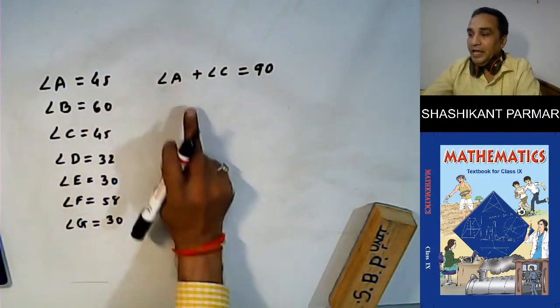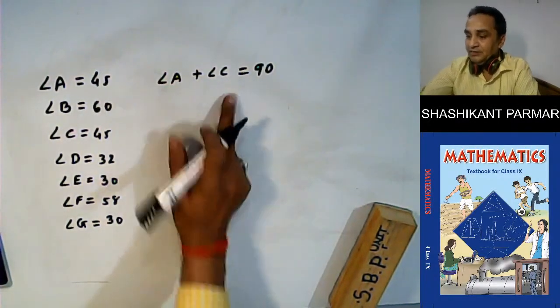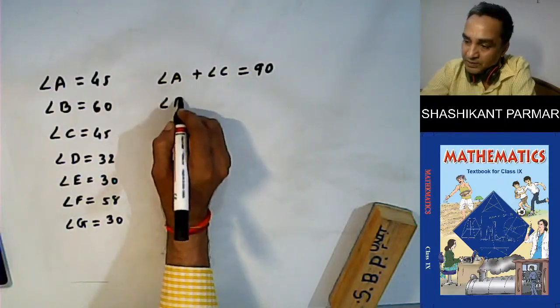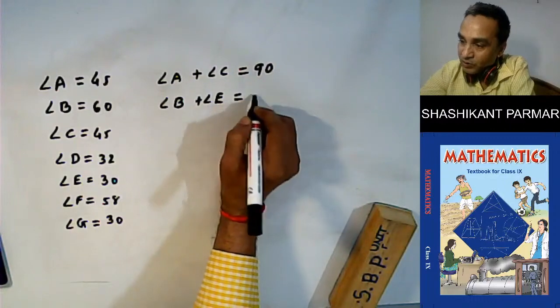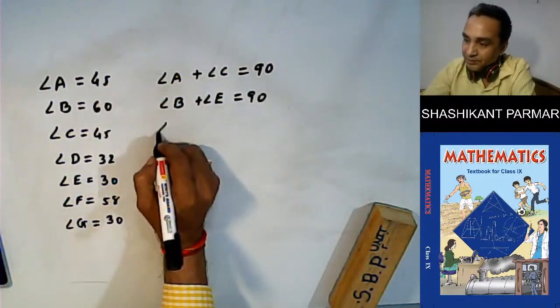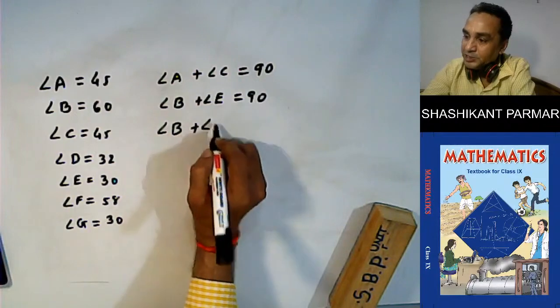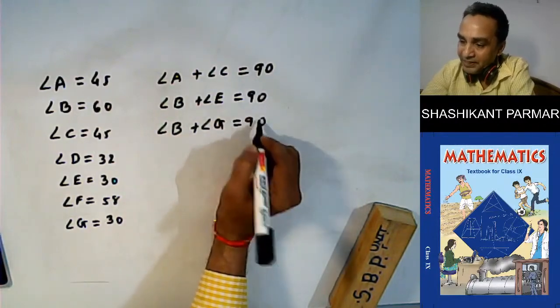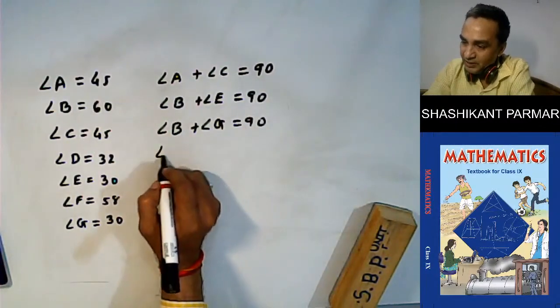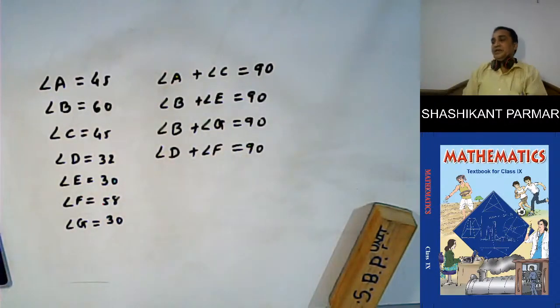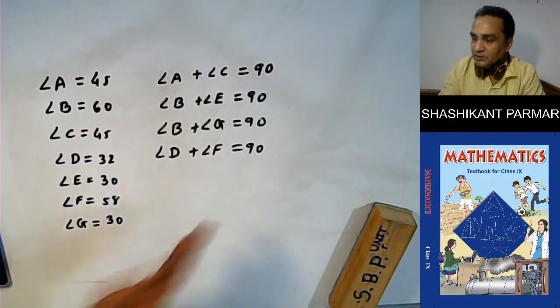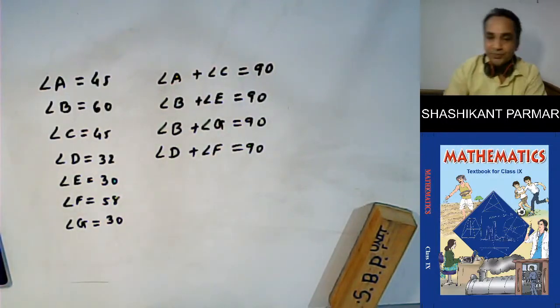So A and C are complementary angles. B and E are complementary angles. B and G are complementary angles. Similarly, D and F are complementary angles. Okay, it's very easy to understand for you.